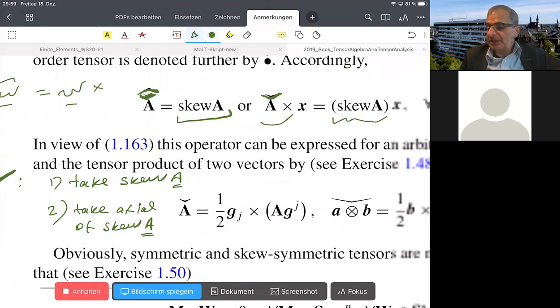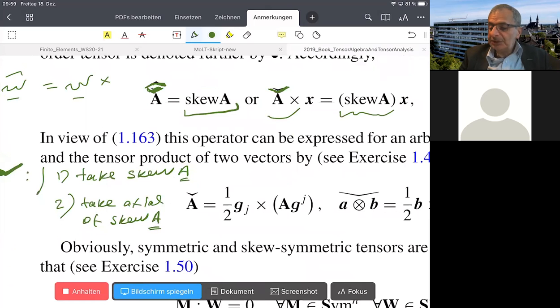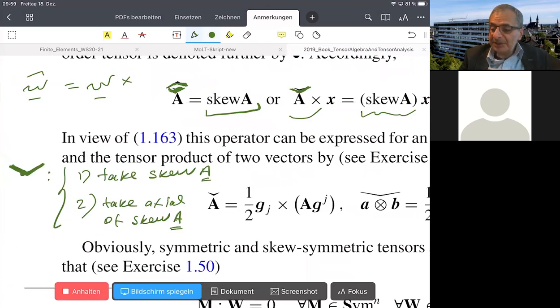Or another way around, you can understand this new operation. It's also very, very useful in continuum mechanics. We will see with you in the context of the rotation momentum balance. We will discuss it with you next in continuum mechanics.